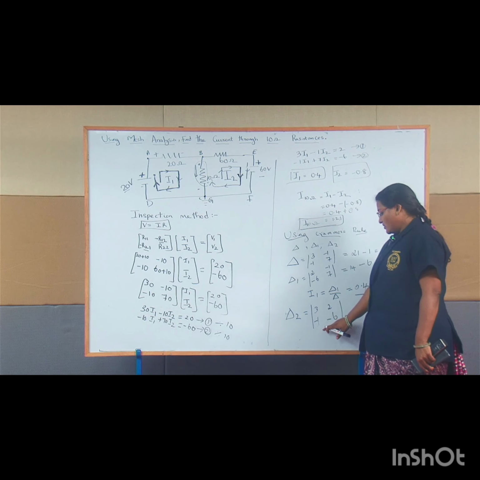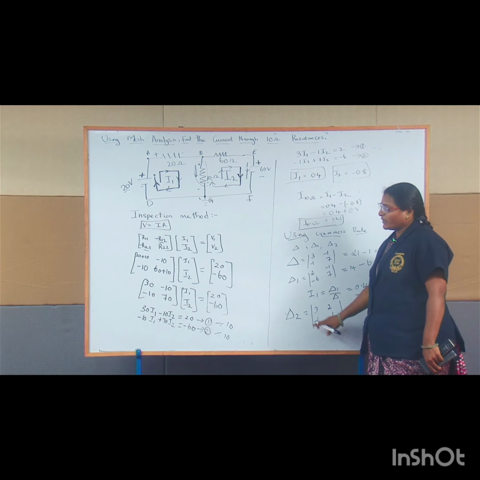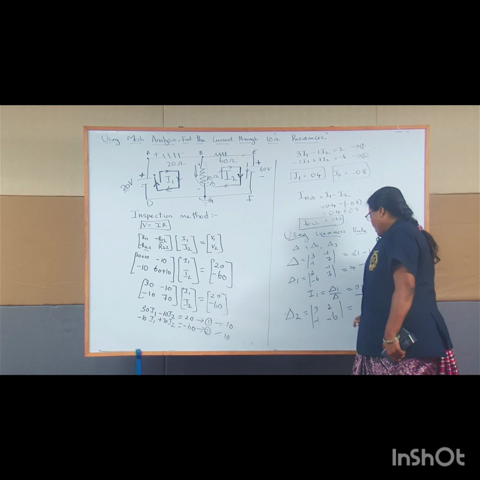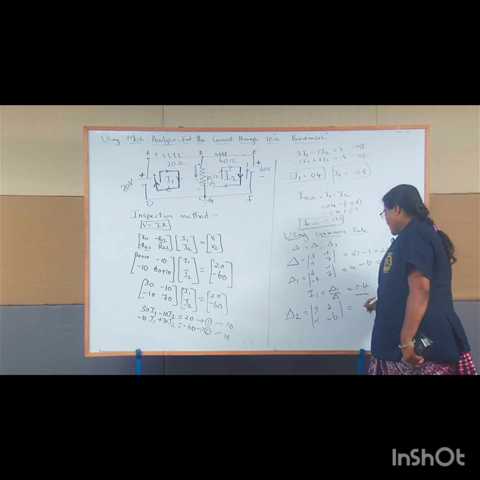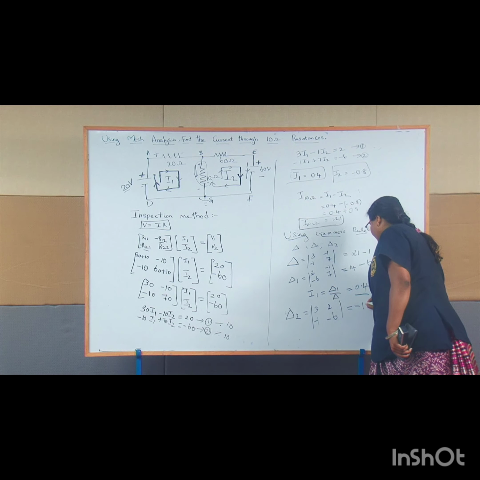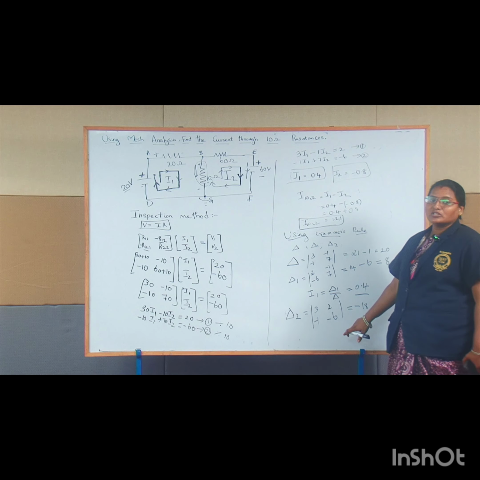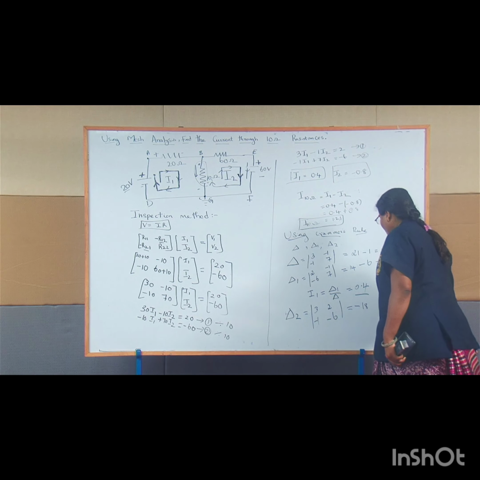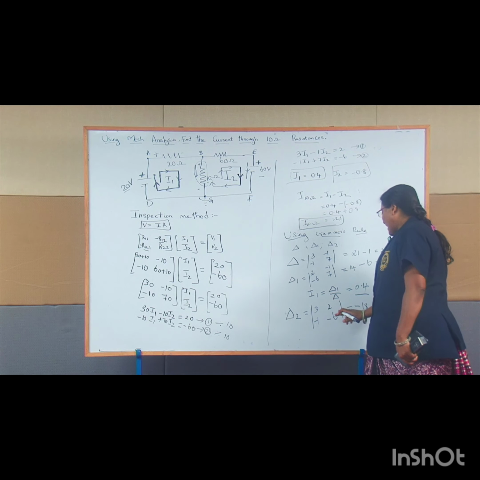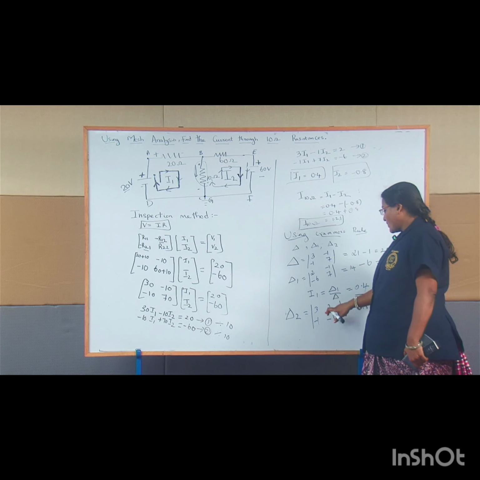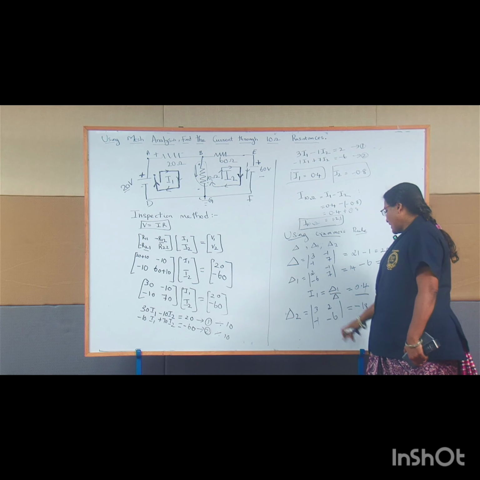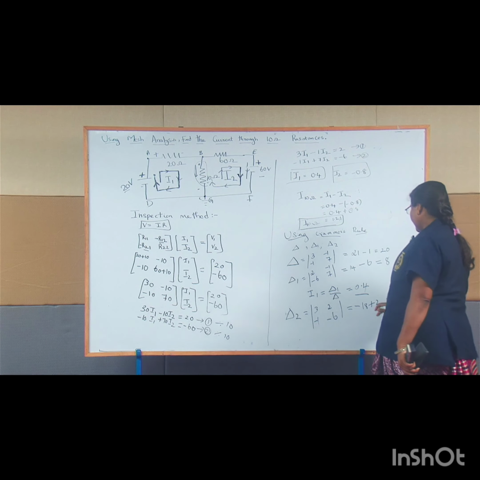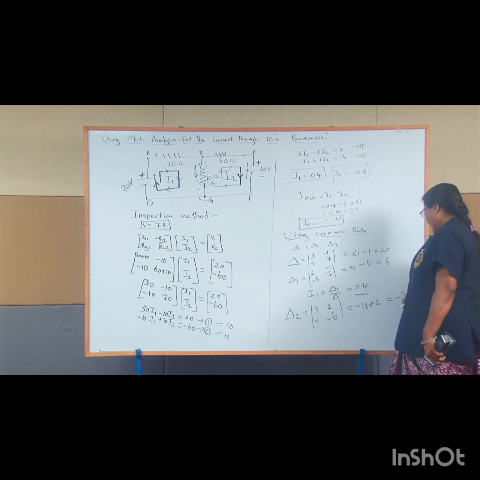So, 6 into 3 is 18, minus 18, because minus is there, plus into minus, minus 18. Then 2 into 1 is 2. Already one minus is there, so minus into minus becomes plus 2. So, your answer is minus 16.